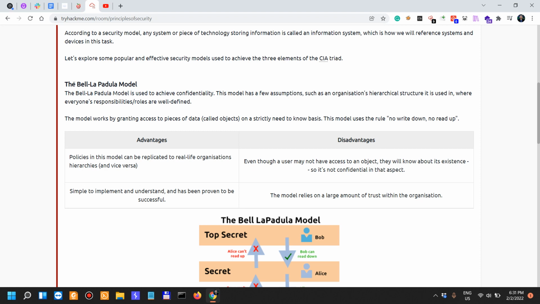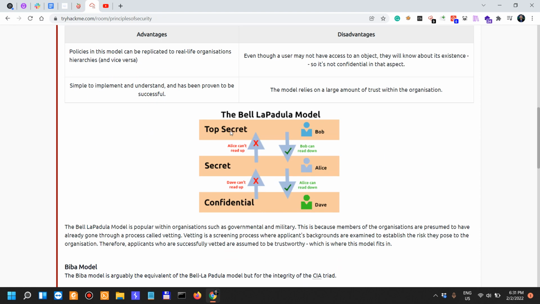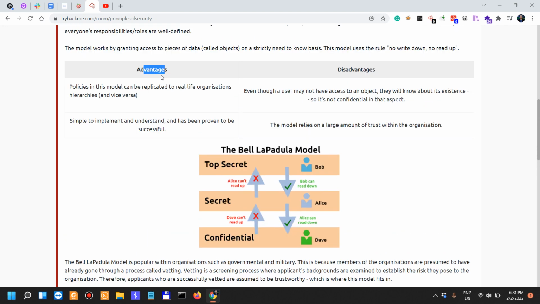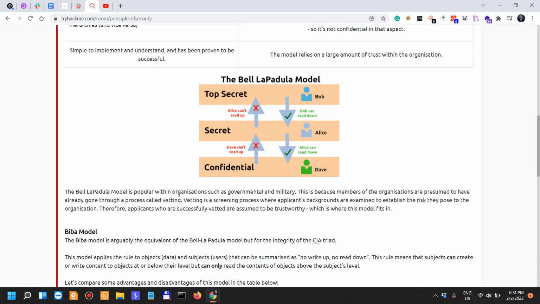The Bell-LaPadula model is used to achieve confidentiality, and it has a few assumptions. So the advantages and disadvantages: this is used a lot in governmental and military settings because the members of the organization are presumed to have already gone through a process called vetting.